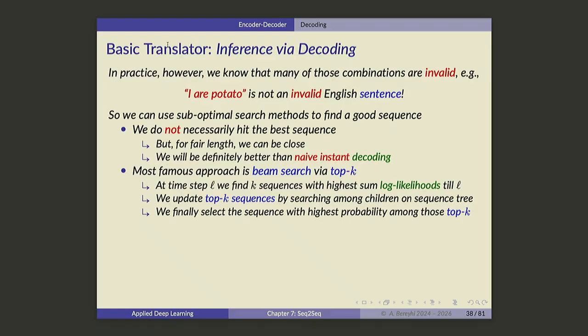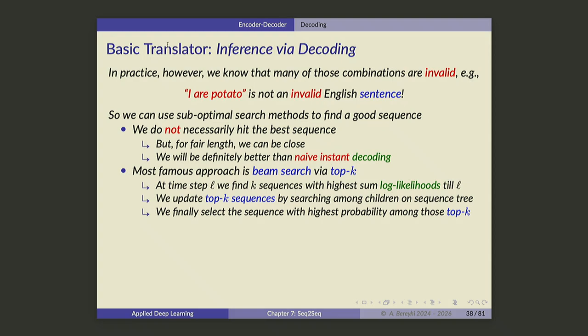Every single time I am going to take the 5 sequences up to that point which have the highest probability. In the first time, I'm going to keep the 5 tokens which have the highest probability. Then I go for the second time. Now, I had the 5 highest probability tokens from before.